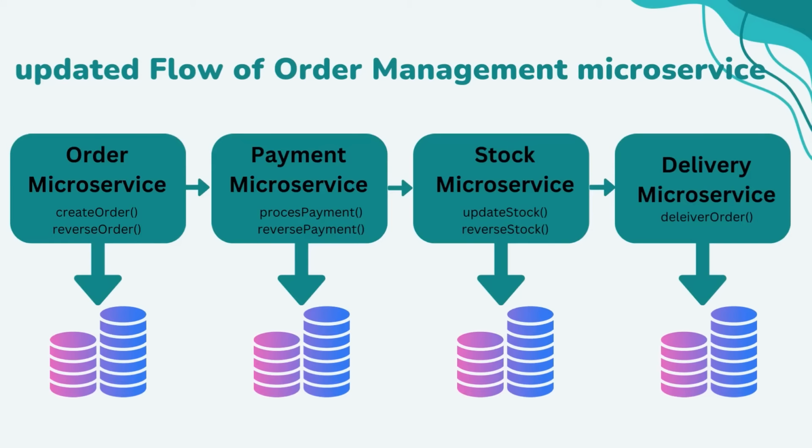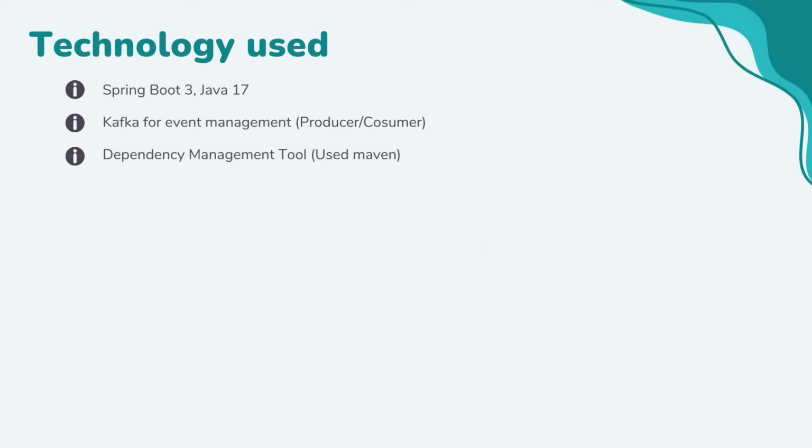Okay, so if we are going to develop these 4 microservices, what kind of technologies am I going to use? I'm going to use, for example, Spring Boot 3, Java 17, and Kafka for event management, as the microservices are going to run independently. That's why we are going to use Kafka.